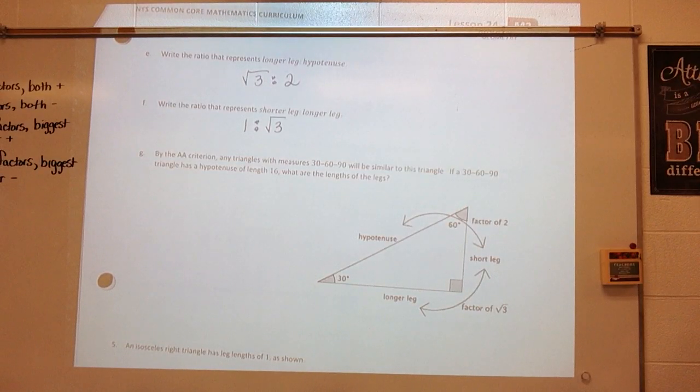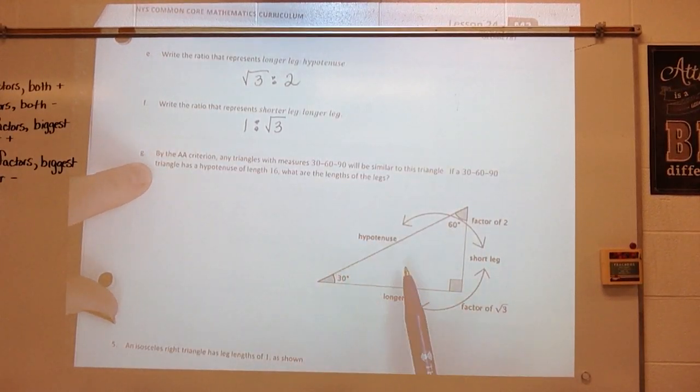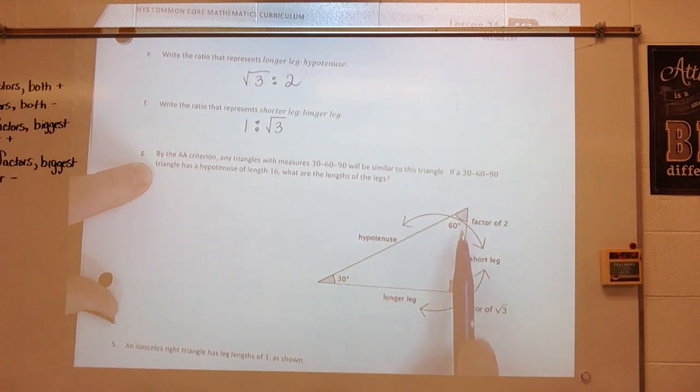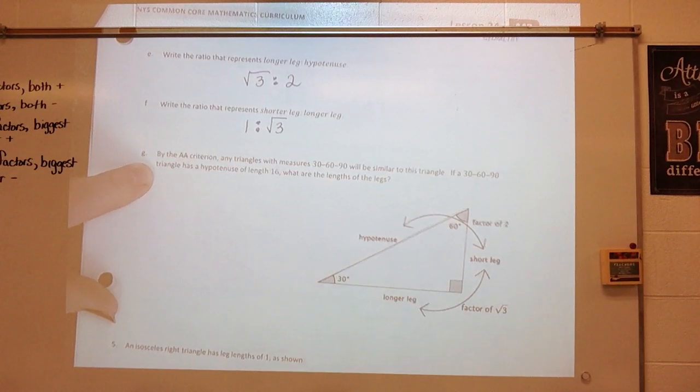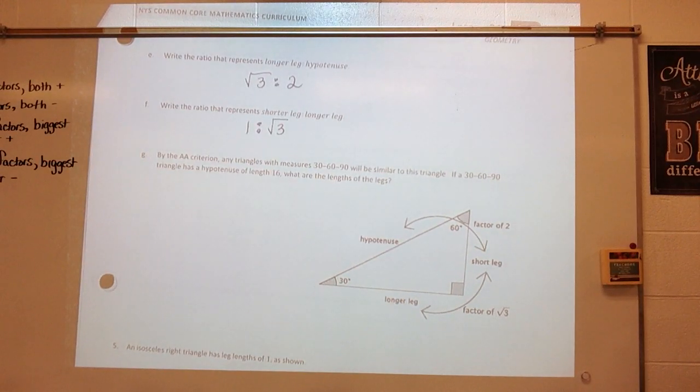If a 30, 60, 90 triangle has a hypotenuse length of 16, what are the lengths of its legs? Alright, so it's telling me that any triangle that has angle measures of 30, 60, and 90 is going to be similar. So if the triangle has a hypotenuse length of 16, what are the lengths of its legs?